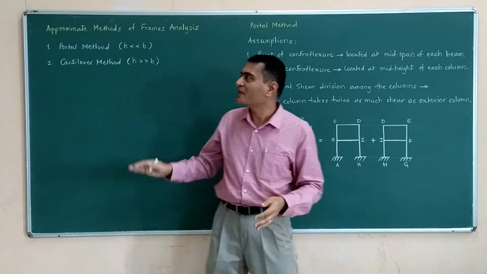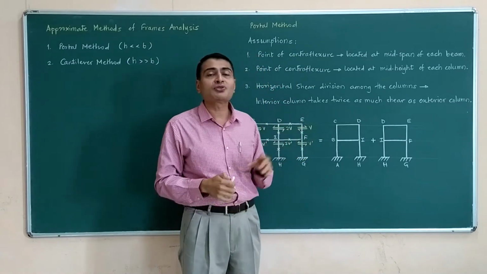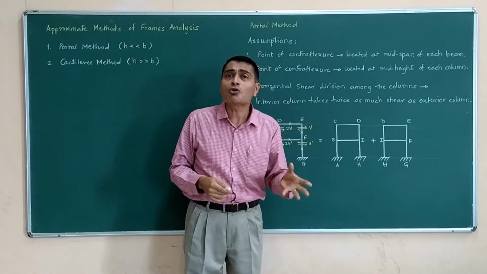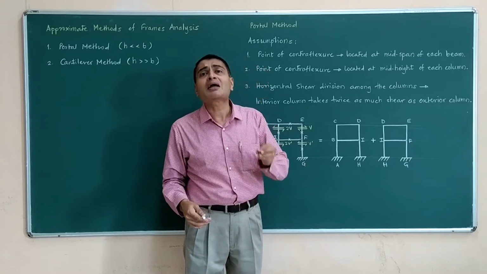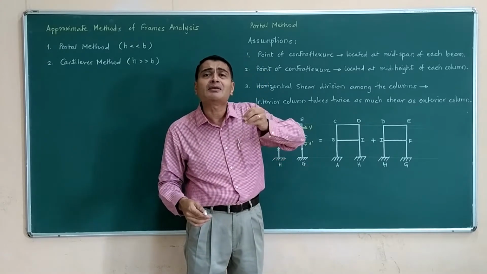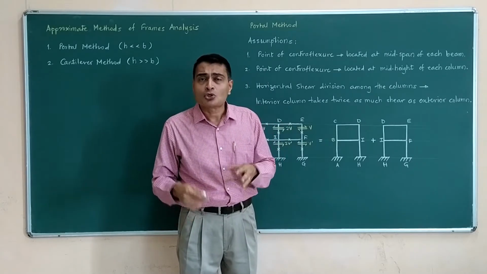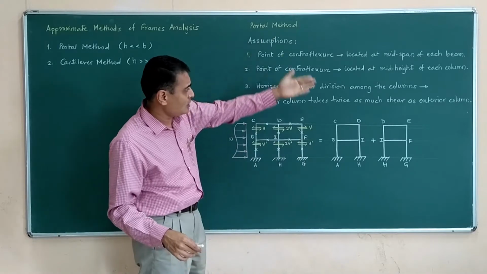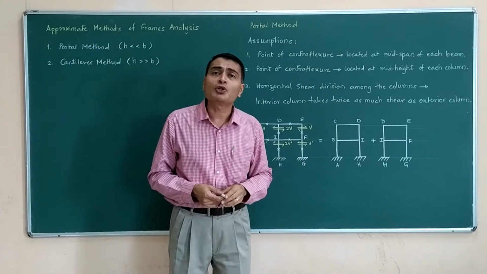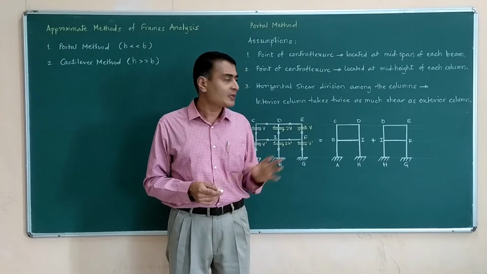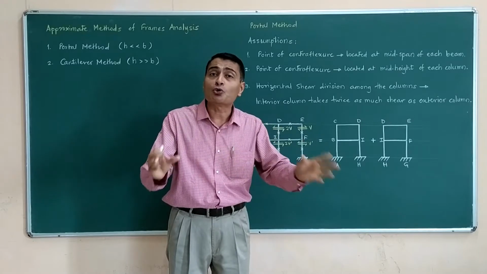That is why these methods have become popular, because with the help of these assumptions, analysis becomes very quick, very efficient, very simple, and the results are acceptable, with an acceptable amount of error. So this is the introduction to the Portal method, and now we will solve a numerical example so that the application of this method will be absolutely clear to us.